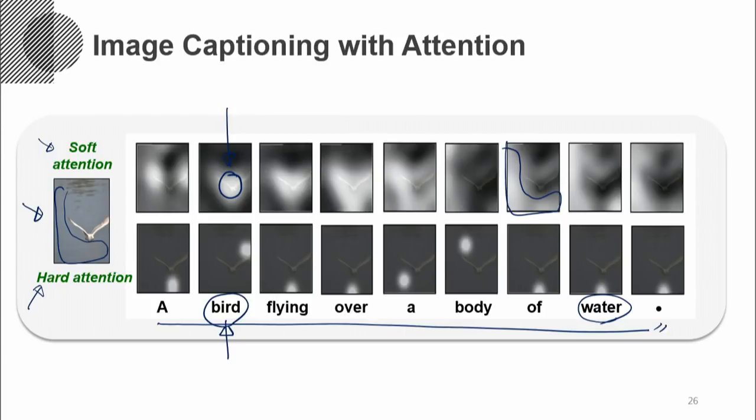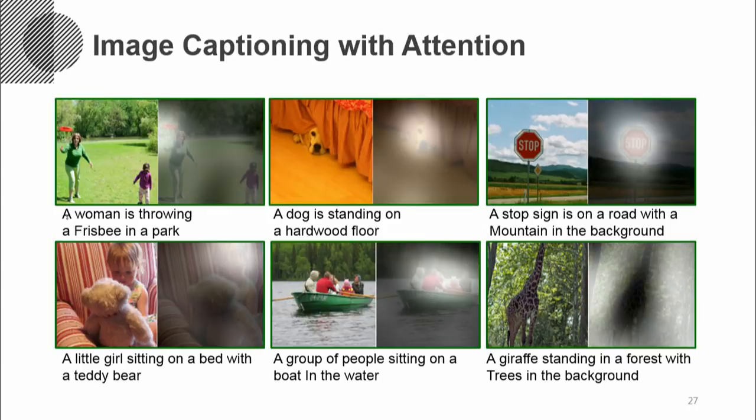So that way we can think of our machine as looking at different parts to generate different words, and this is quite similar to how humans generate captions by focusing on different parts at different times. Let's look at another example.